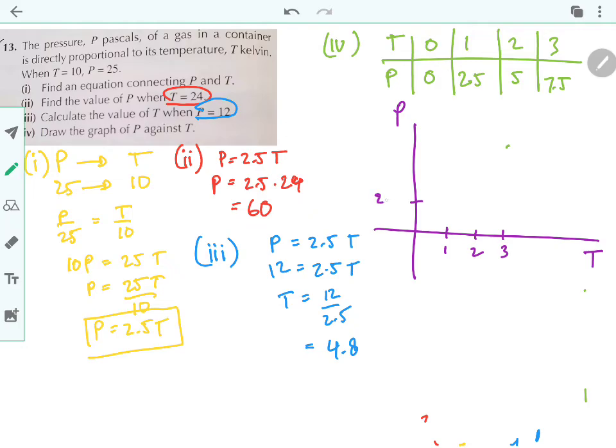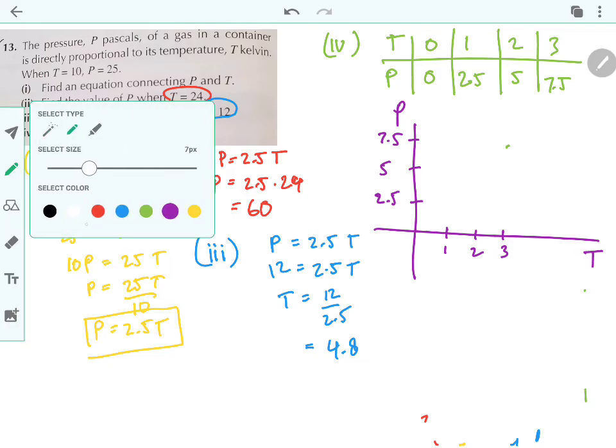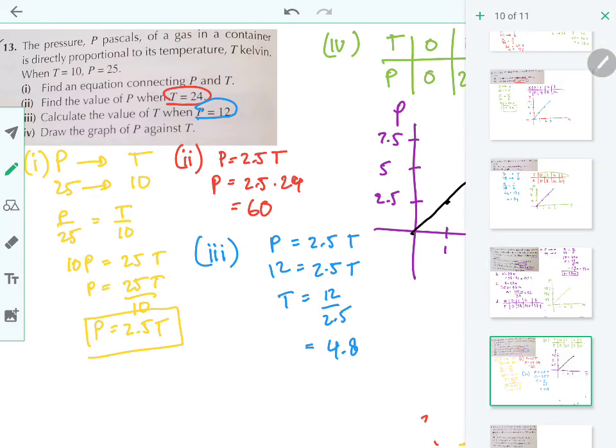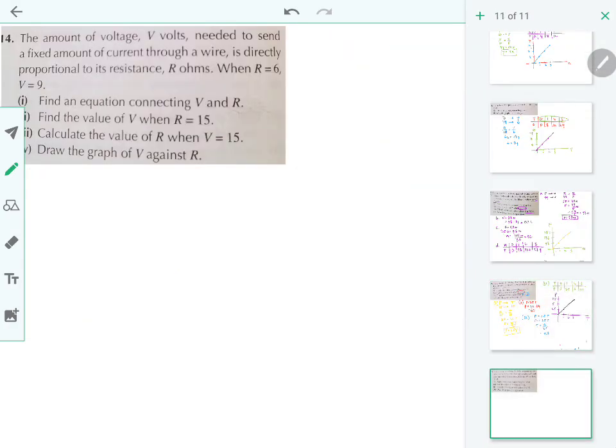Here is 2.5, 5, 7.5. Let's just use black then. So these are the points of intersection. Then I just connect all the points with a line. Okay, that's it.